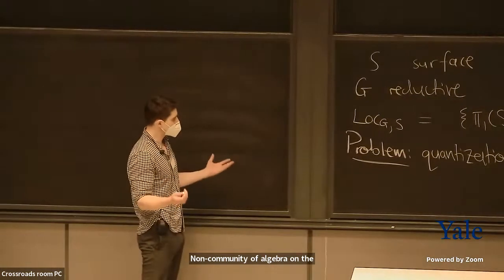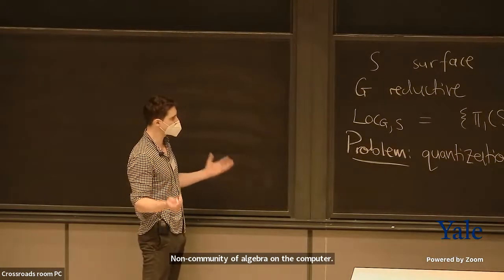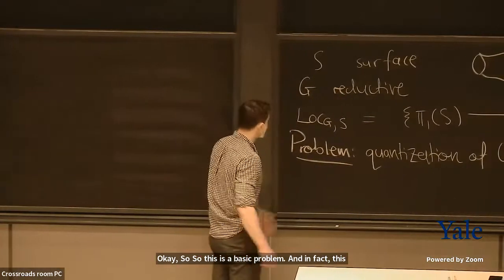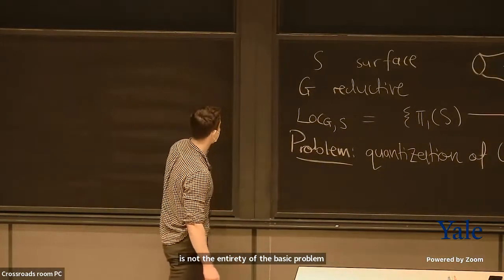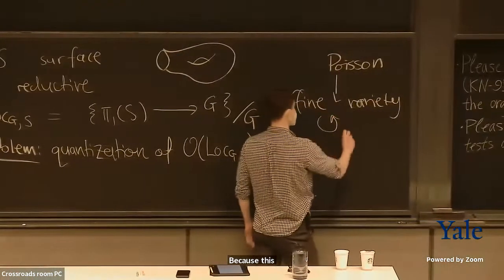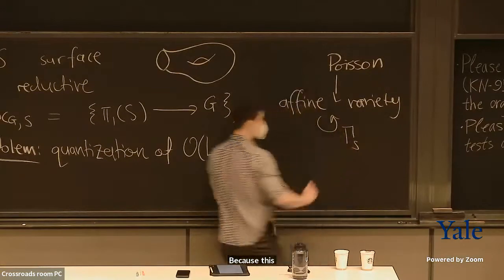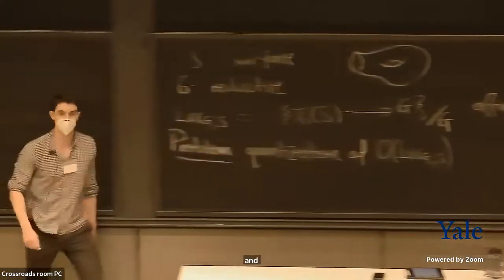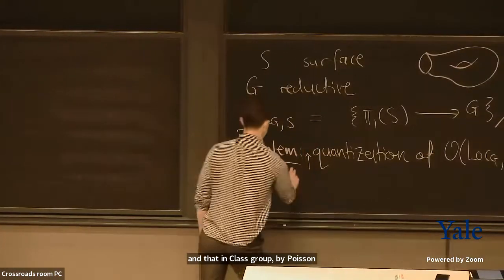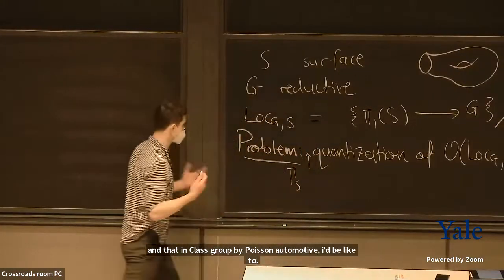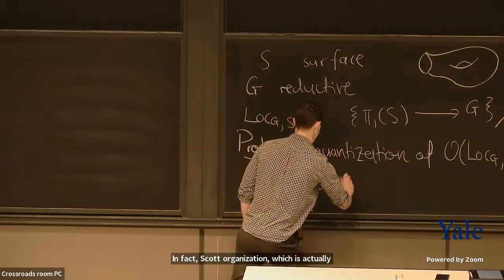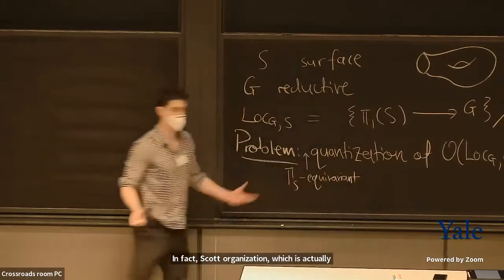Okay, so this is a basic problem, and in fact, this is not the entirety of the basic problem because this character variety comes with an action of the mapping class group of the surface by Poisson automorphisms, and we would like to in fact construct a quantization which is equivariant with respect to the mapping class group action.